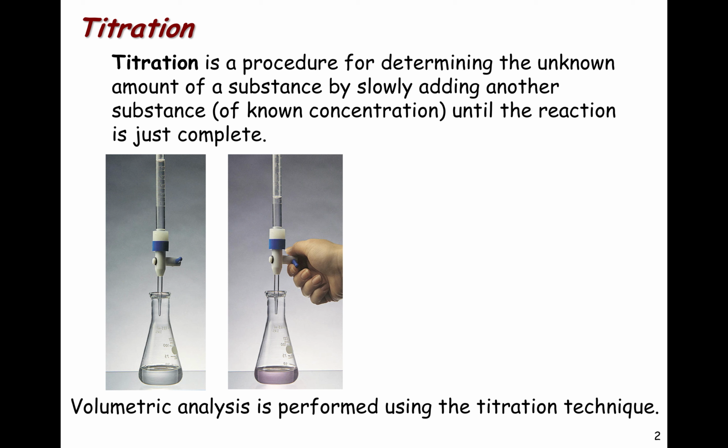You are looking for the first faint pink color that does not disappear, so by adding some of the solution from the burette very carefully and drop by drop near the point where the pink color just starts to appear, the volume that you have delivered at this point is then measured.